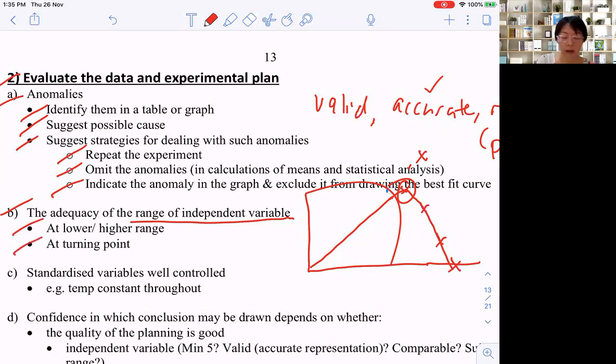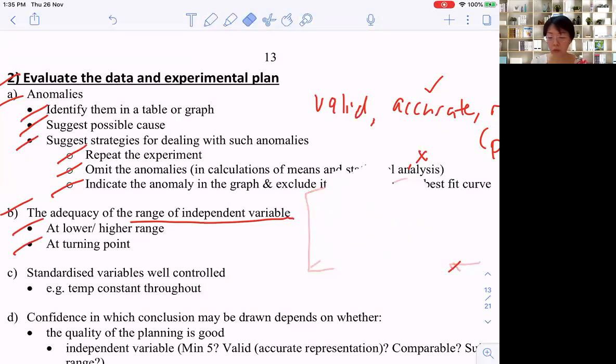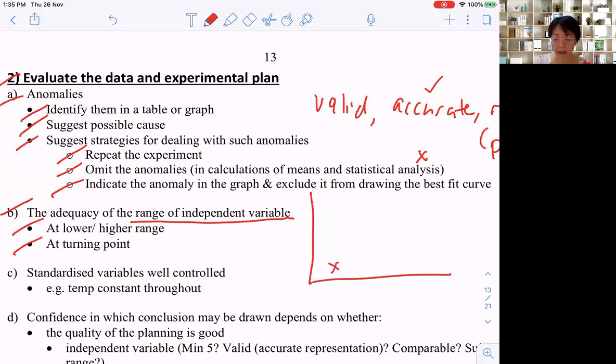Now, the second thing: I want to find out where my turning point is. Say for example, I do the same experiment, and my reading is this one. If my reading is like this, I cannot know exactly where my optimum temperature is.